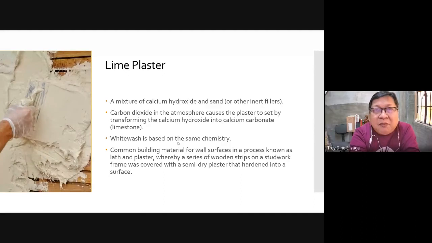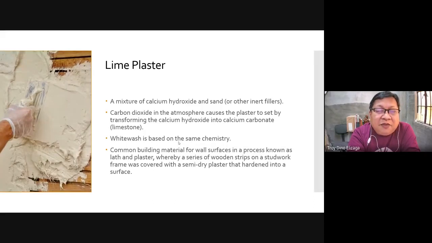They're not compatible. Okay? If you ever encounter a building made of coral stone which makes use of cement in combination, it's a bad practice. It's not something that you should follow. So instead of cement, they make use of lime slurry.